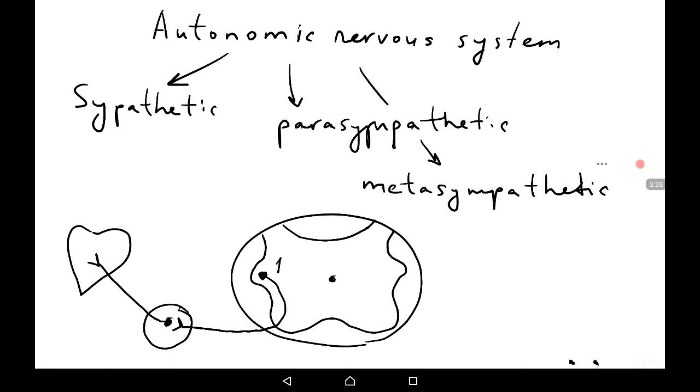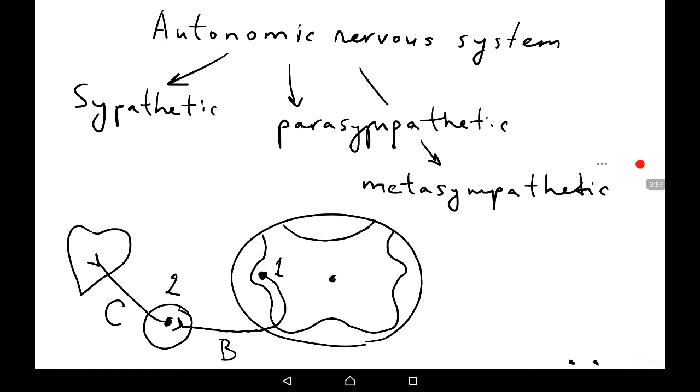The first one is called the preganglionic neuron, and it produces nerve fibers type B, thin myelinated fibers. The second efferent neuron in the autonomic nervous system is called the postganglionic neuron, and it produces nerve fibers type C, unmyelinated nerve fibers.